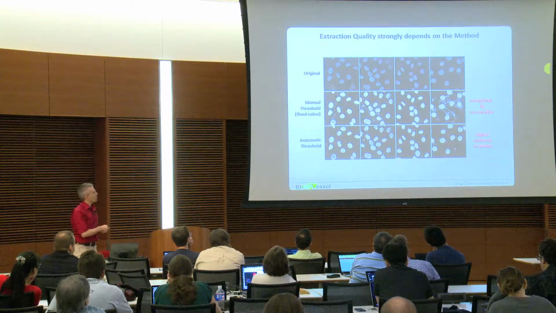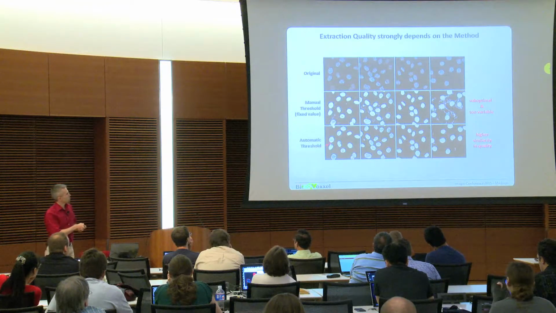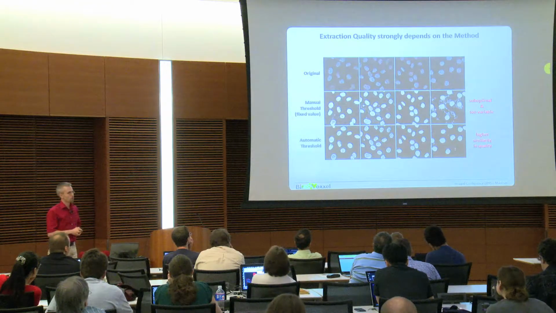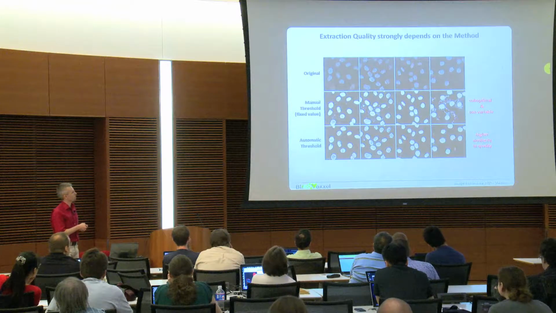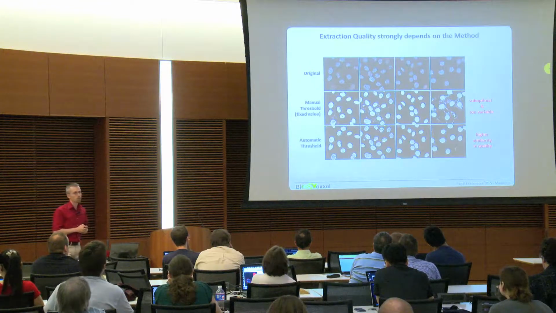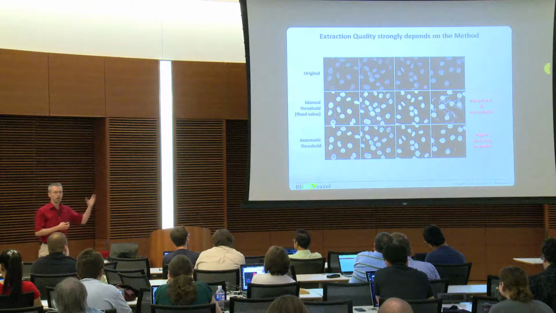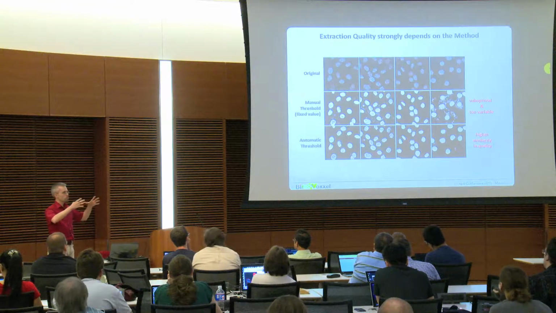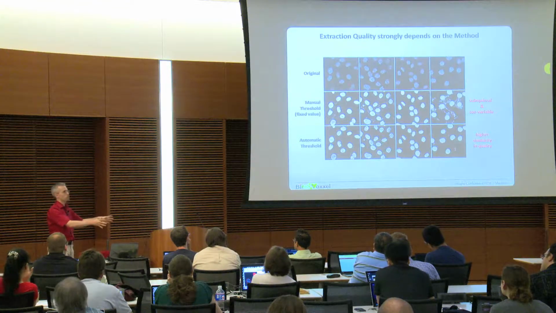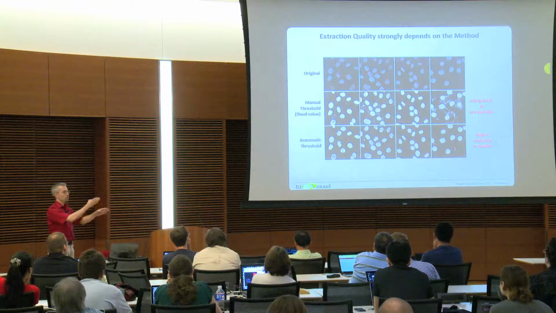Now if we use an automatic thresholding, you see that the background problem is partially solved already, because every automatic thresholding method is normally based on the histogram. It chooses the current histogram of the image it's looking at, deciding on a cutoff value.